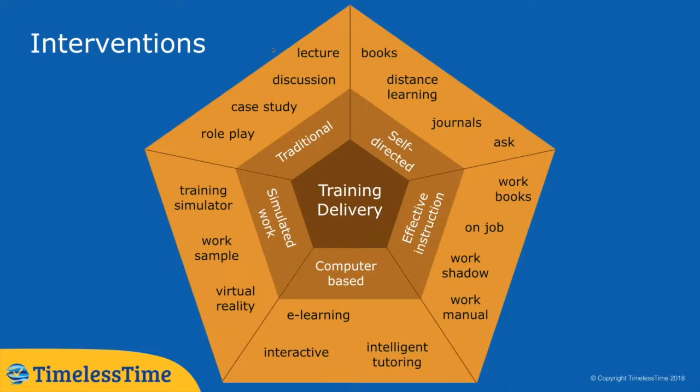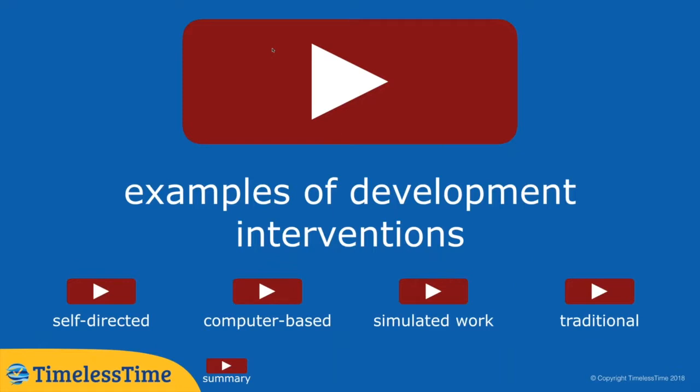So let's just have a look then at some of these development tools and just talk a little bit about what each one is and what benefit it has. Now, I'll go first to the self-directed. Now, this is more the sort of book and academic paper.